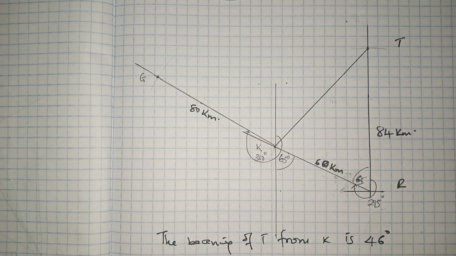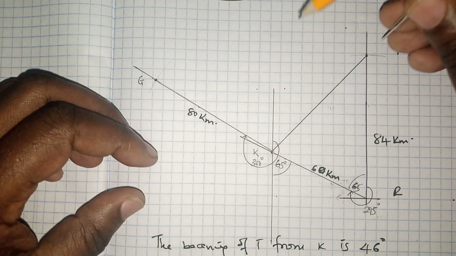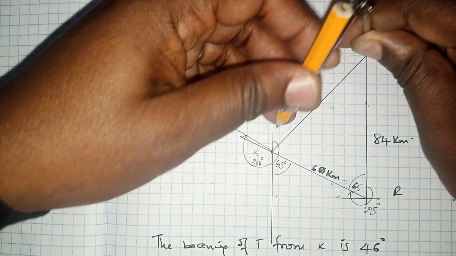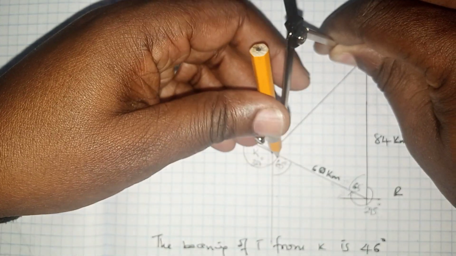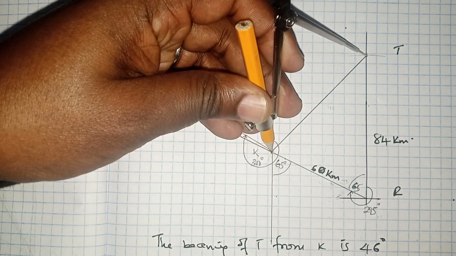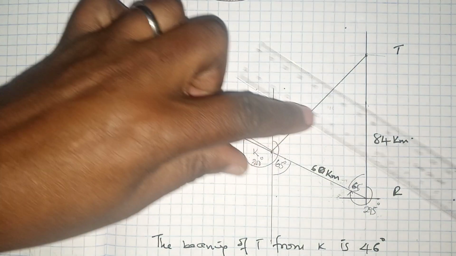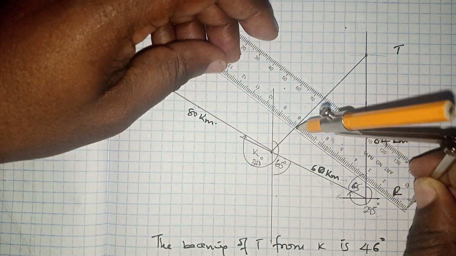What about the distance? We have to measure the distance now, and of course remember to multiply by 10 using the same radius. Place it here.